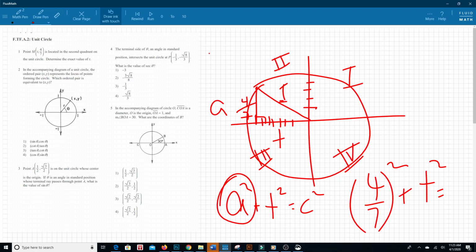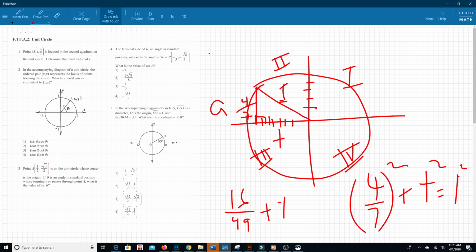Space is small. Okay. 16/49 plus T squared equaling, to make my life easier, I'm going to use 49 over 49, which is equivalent to 1, which is what 1 squared equals, right?